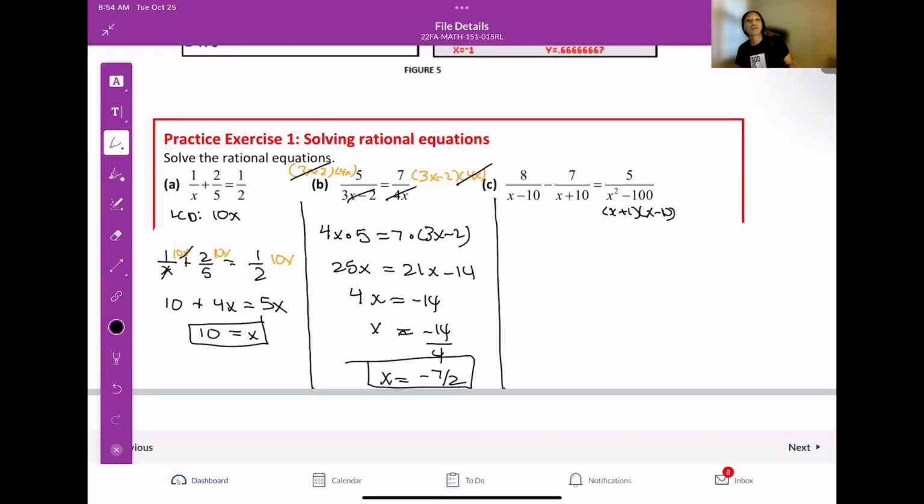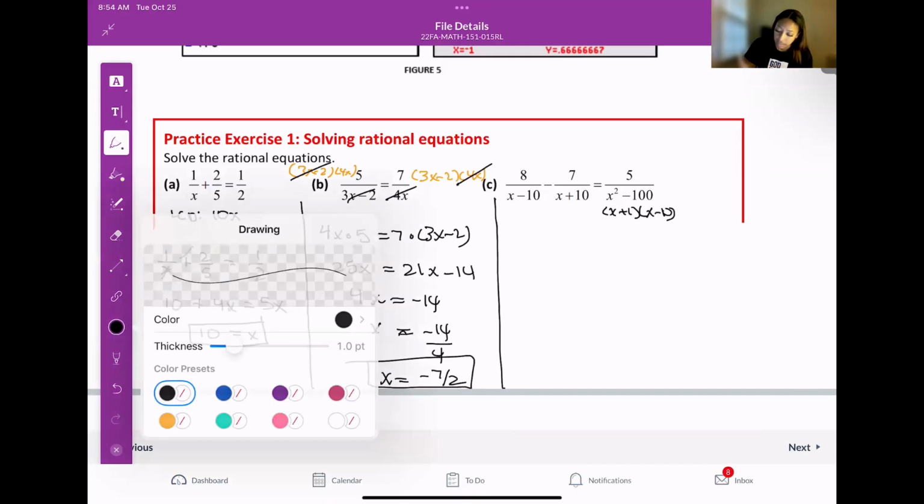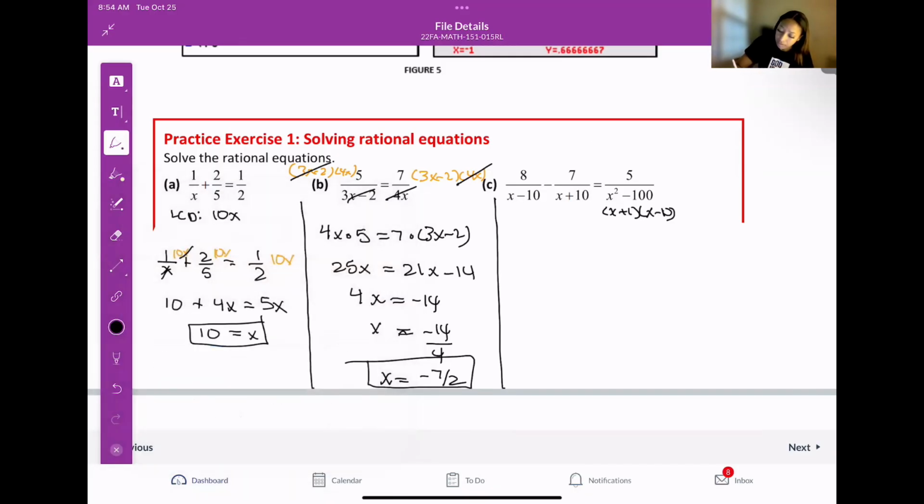And last one, 8 over x minus 10 minus 7 over x plus 10 equals 5 over x squared minus 100. I wrote there that the x squared minus 100 factors to x plus 10 times x minus 10. And then when we write it that way, we can see that the LCD is x plus 10 times x minus 10.